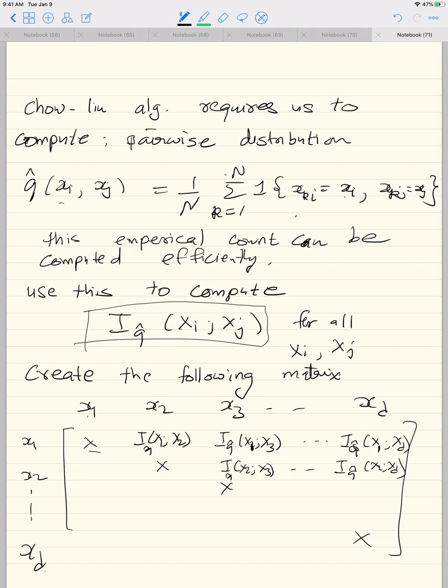The diagonals are not going to be relevant because we only consider the case when the variables are distinct. Because the matrix is symmetric, we only have to look at upper diagonal values. So first we compute I hat of x1, x2, then I of x1, x3 up to I of x1, xd, then I of x2, x3 up to I of x2, xd, and so on. So these are the quantities that need to be computed.